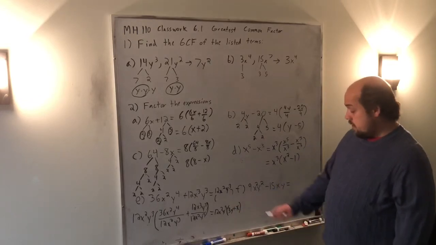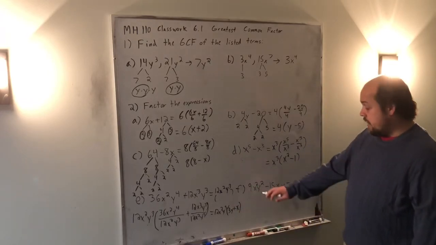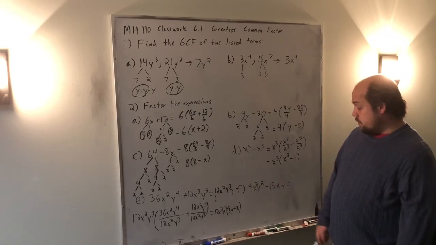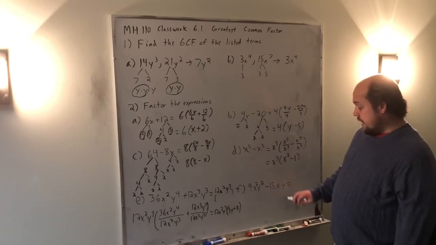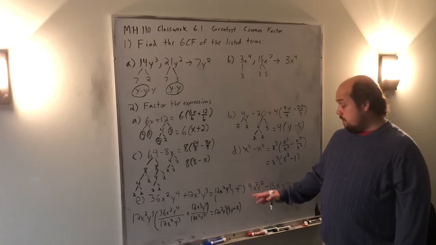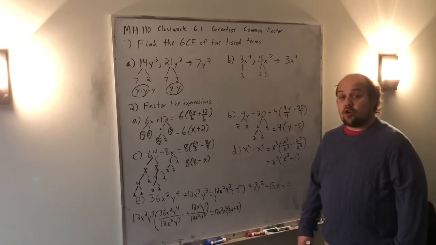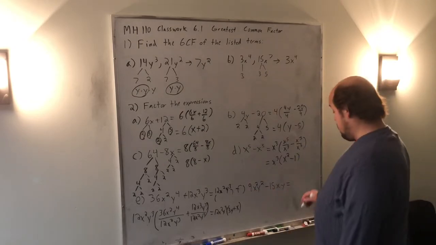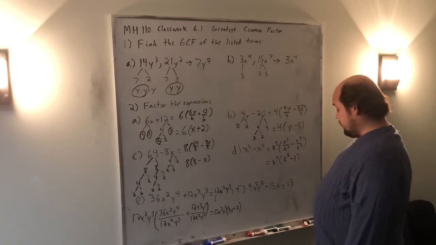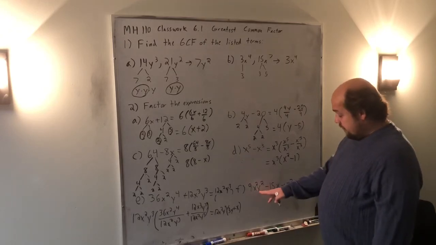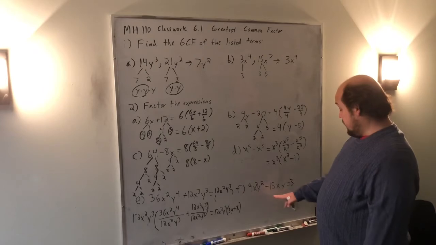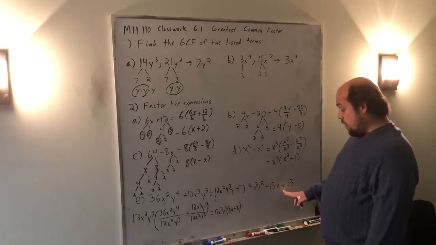For part F here, I start out with 9x squared y squared minus 15xy. When I look at the common factors of 9 and 15, the largest common factor is 3, which is what I'm going to take out front. Here I have an x squared, here I have a y squared. Here I have an x to the first, here I have a y to the first.